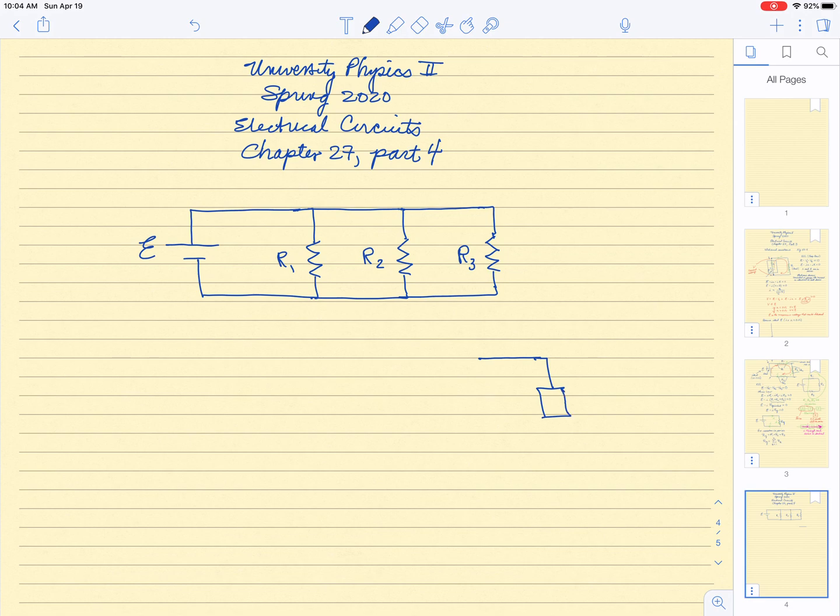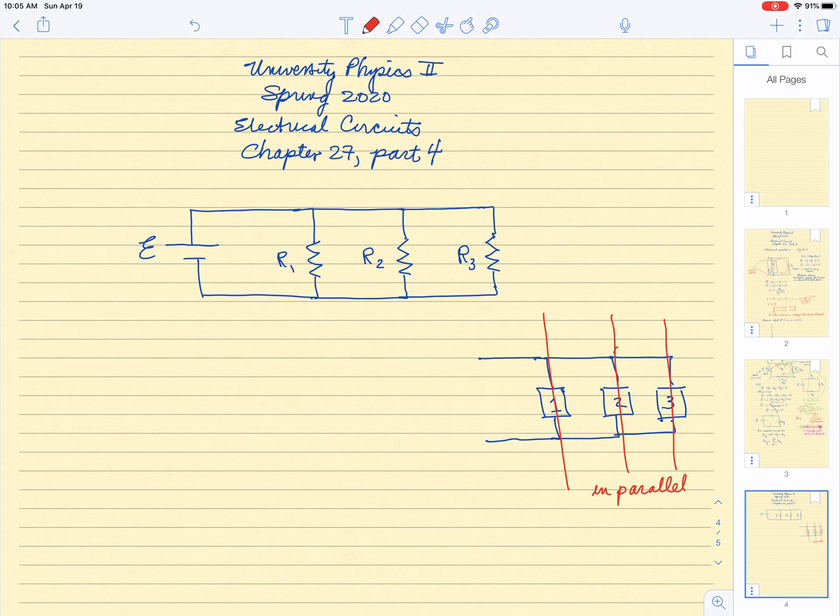Whenever we have devices that are in this configuration, device 1, device 2, device 3, we say that these devices are in parallel. And so I drew in these 3 parallel lines to accentuate that.